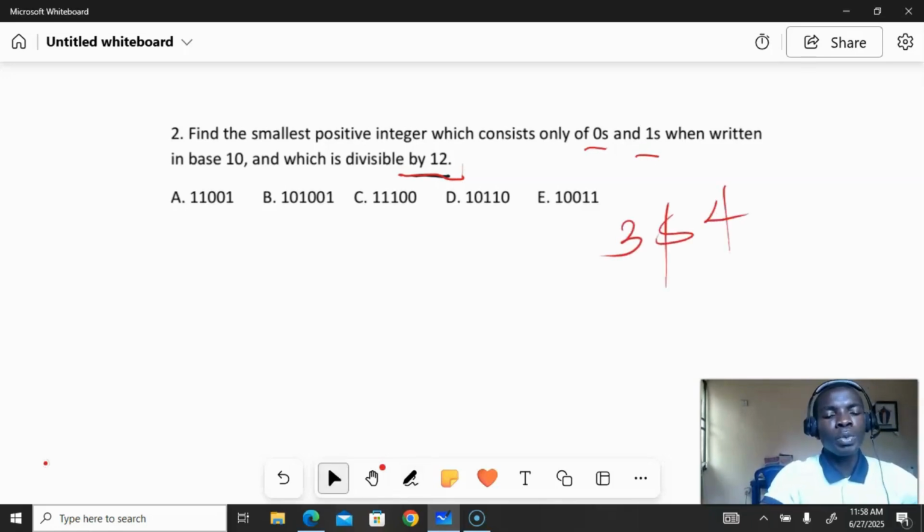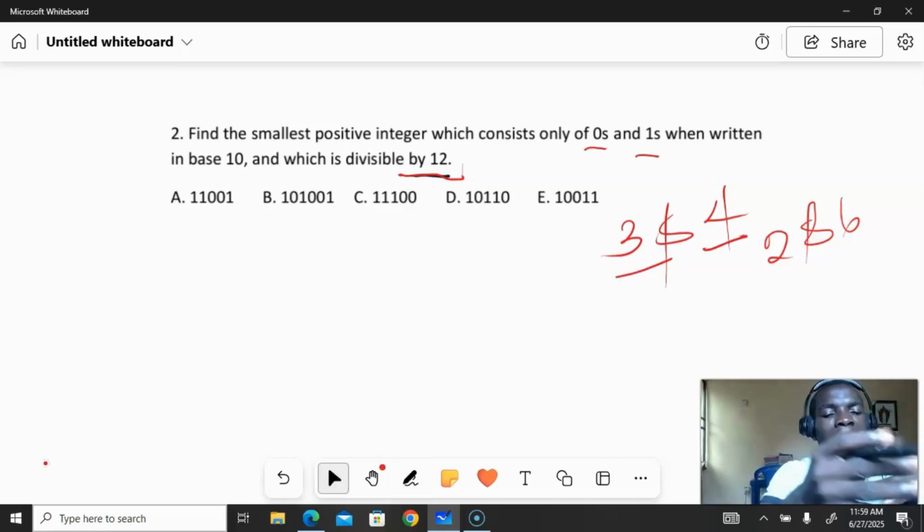Yes, 3 and 4 multiply to give us 12, and both of them are factors of 12. I can call them a factor pair in that they multiply to give us 12. But it's not true for every factor pair. We cannot say that for 12, if the number is divisible by both 2 and 6, well, because 2 and 6 are not relatively prime, but we use 4 and 3 because the numbers are relatively prime.